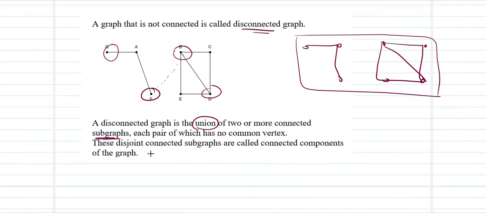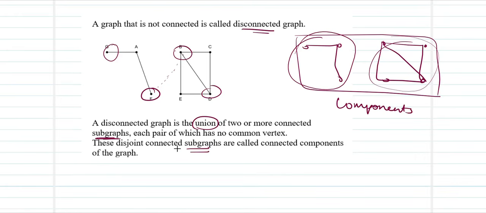These disjoint components, this individually and this individually, are now referred to as components. So each of these subgraphs which are connected among themselves will be referred to as connected components of the graph. So this becomes one component and this becomes component number 2 for this graph G.